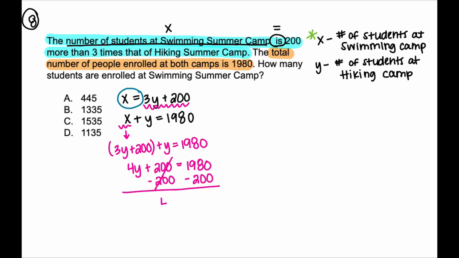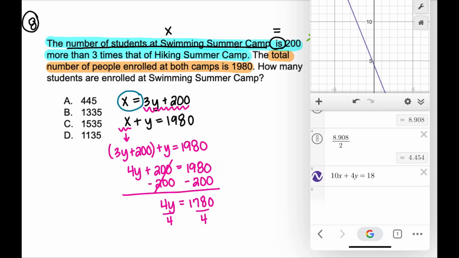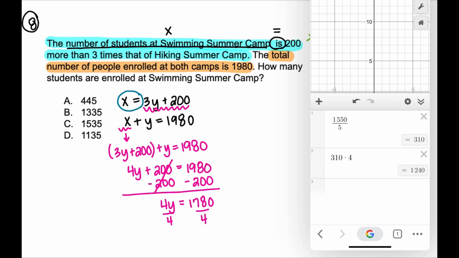Get that term with the Y by itself, so subtract the constant term 200 first. So 4Y equals 1,780. And then we need to divide by 4 on both sides.